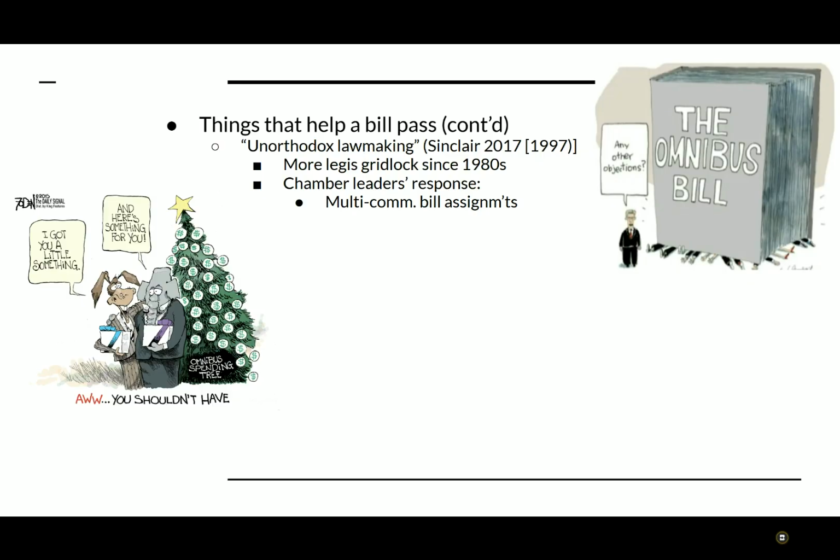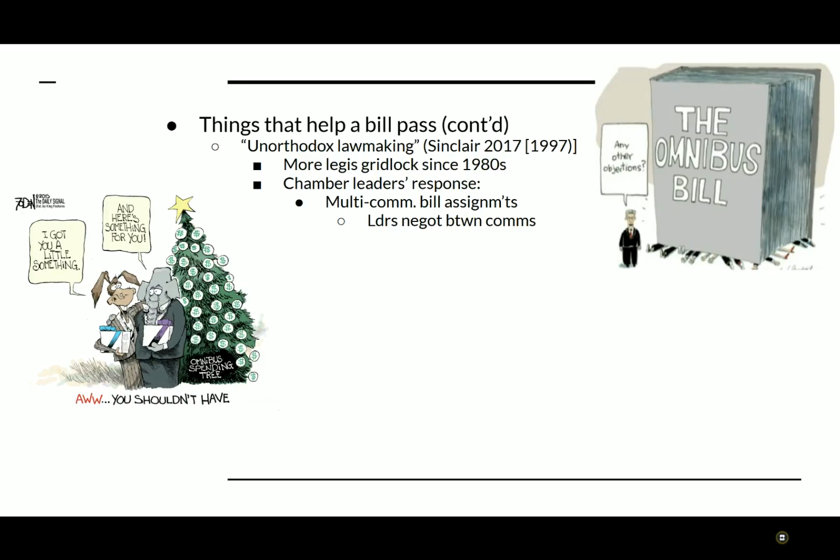As you've learned to this point, you would imagine that a bill is written, it is introduced and assigned a number, and it is then sent to a specific committee that is most relevant to that bill. Well, what leaders started to do in response to gridlock was assigning a single bill to multiple committees to work on.